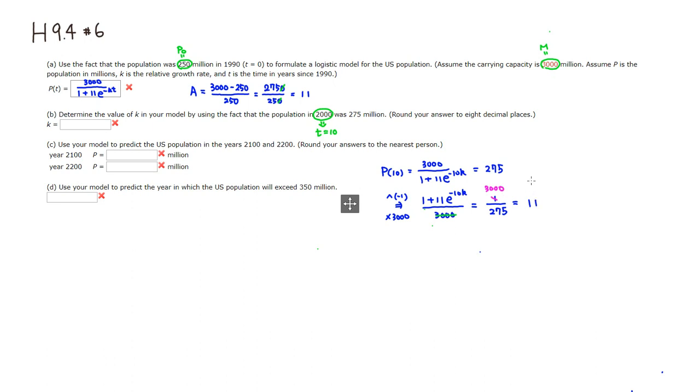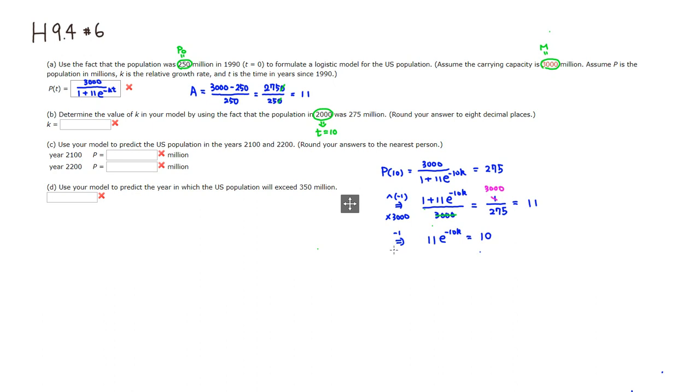Then we subtract 1 from both sides, so 11 e to the negative 10k is equal to 10, which is 11 minus 1.